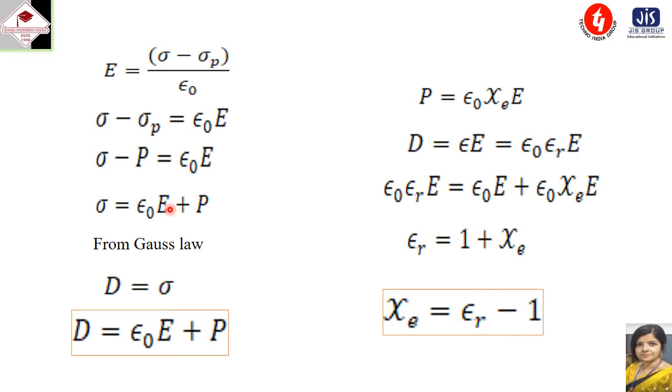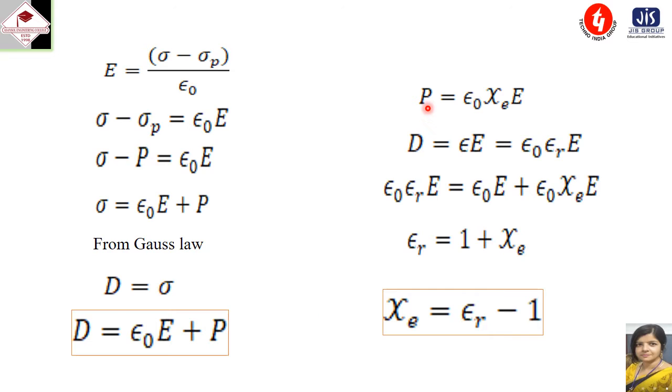P plus epsilon 0 E. Now we know that D equals sigma. What is our D? D equals epsilon 0 E plus P. So in place of sigma we are writing D, and we can write D equals epsilon 0 E plus P.